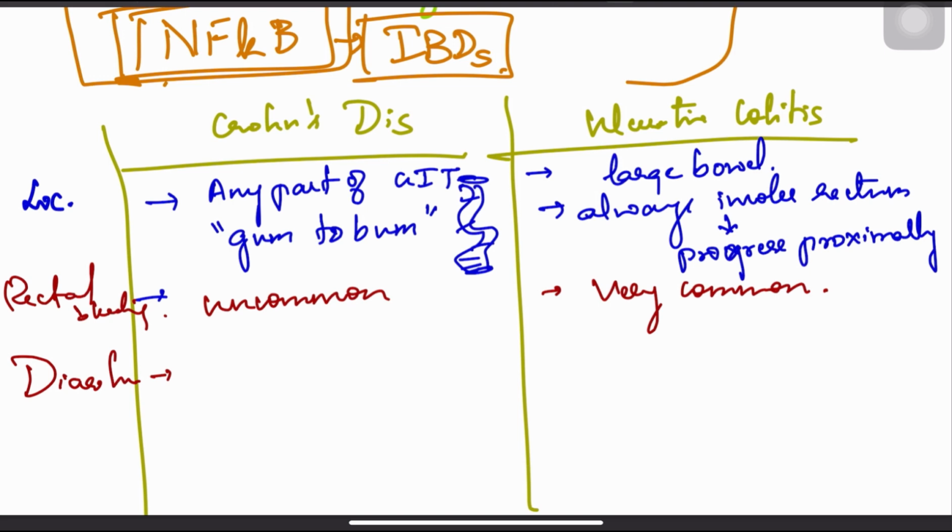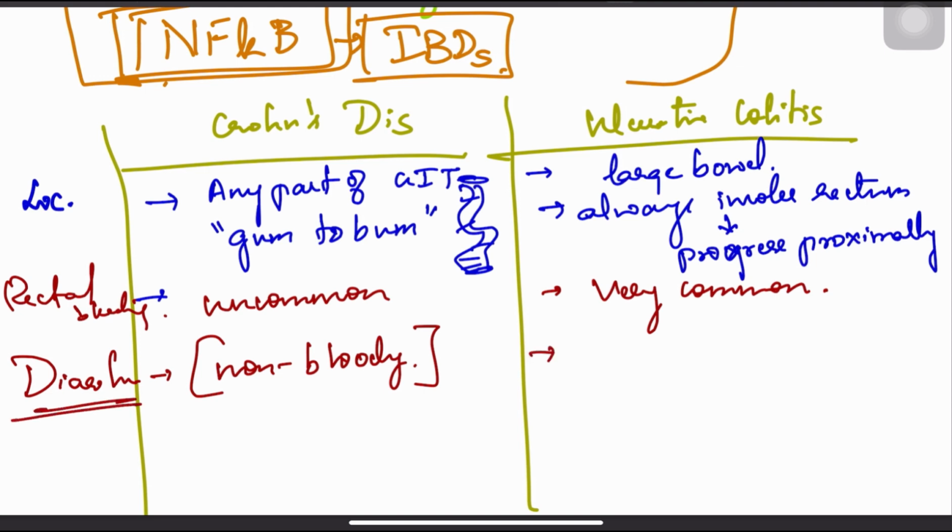Diarrhea in Crohn's disease is usually non-bloody, because it mostly involves the small bowel. If it involves the rectum, particularly the distal colon, there will be bloody diarrhea, or else it will be non-bloody diarrhea. So diarrhea will be there in both.